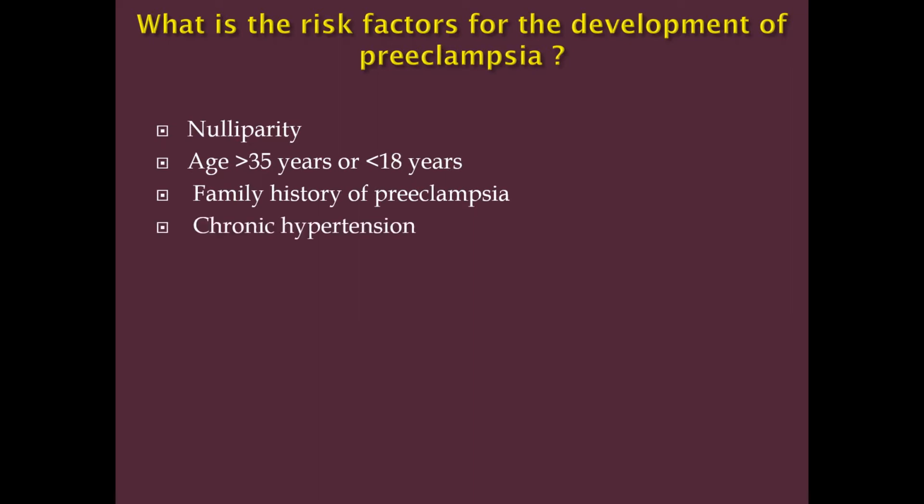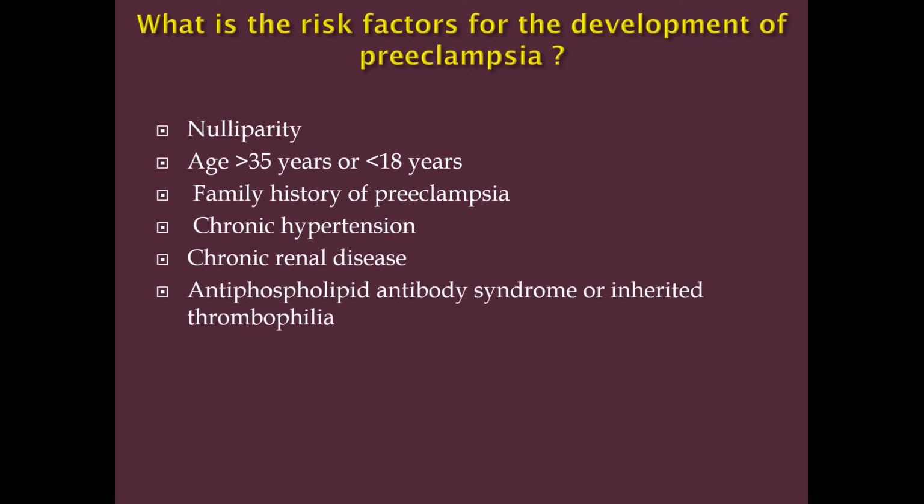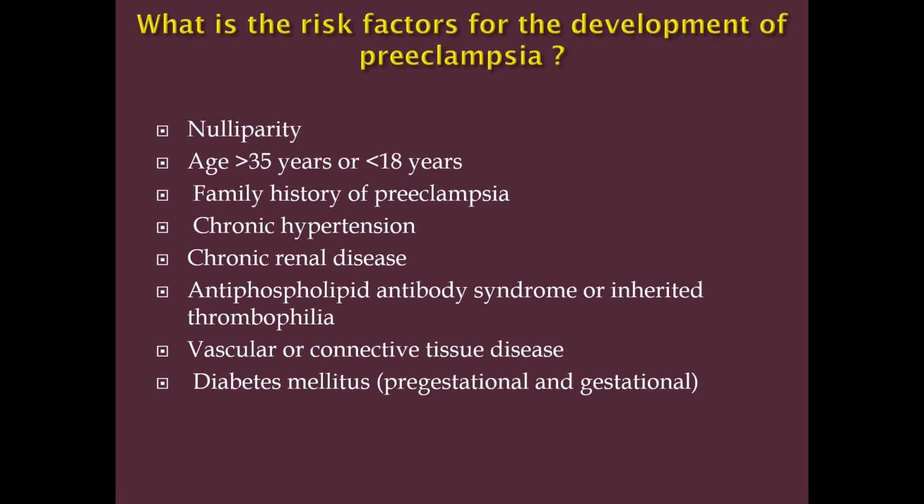They also include any chronic comorbidity like hypertension, chronic renal disease, antiphospholipid antibody syndrome or inherited thrombophilia, vascular or connective tissue disease, and diabetes mellitus, whether pregestational or gestational, and preeclampsia in a previous pregnancy. How preeclampsia in a previous pregnancy is going to influence the current pregnancy, we are going to talk about in a minute.